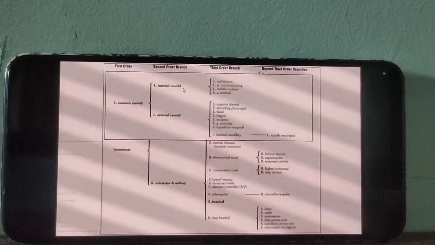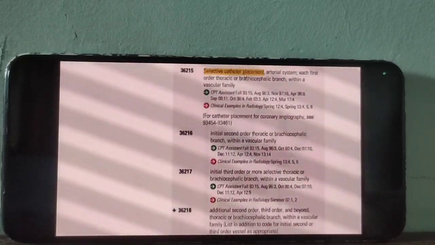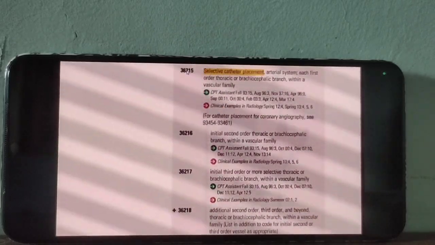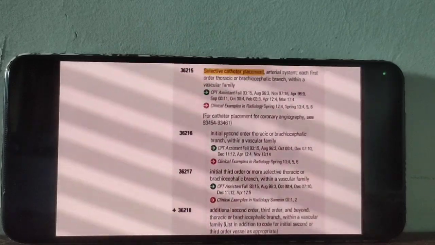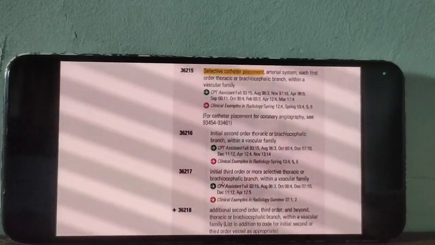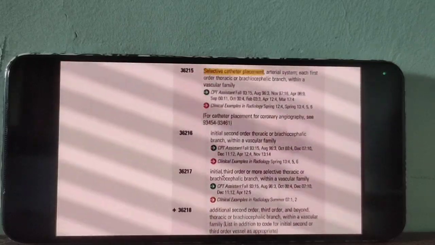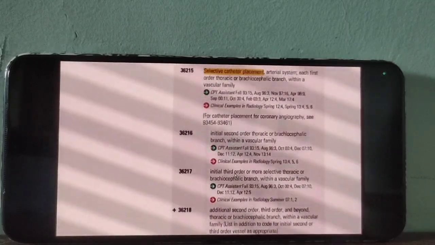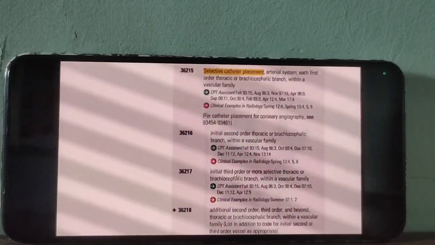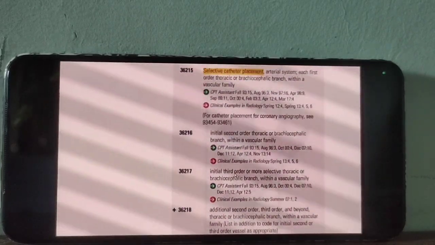Now see these are the code sections. Selective catheter placement for thoracic brachiocephalic branch: for first order 36215, second order 36216. Here 36217 is for both third order and beyond the third order; they come under the same category.